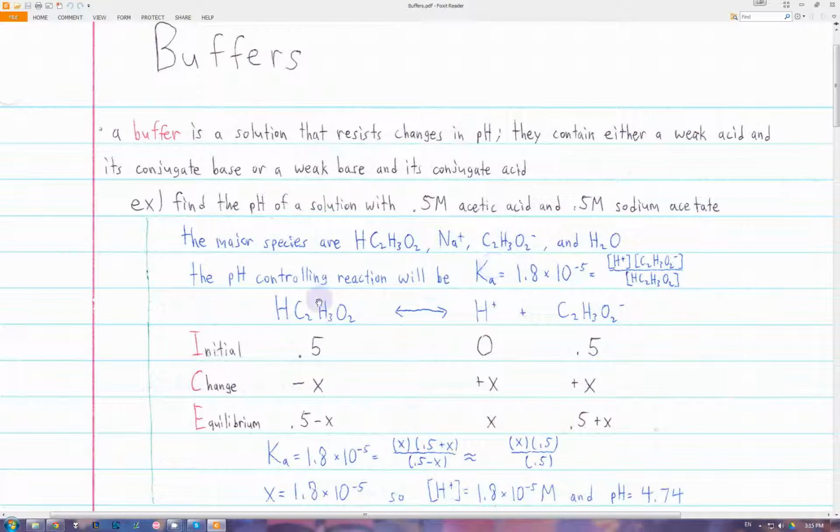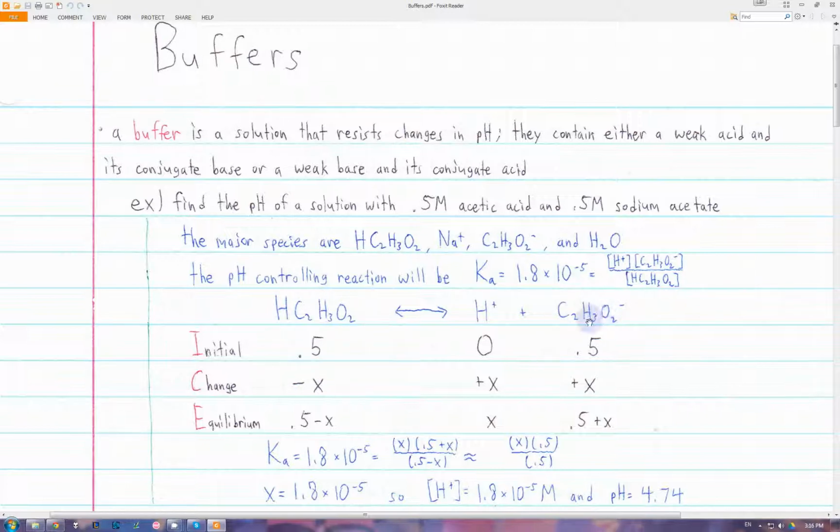So we write the dissociation equation for acetic acid, and then we do an ICE chart. We start with 0.5 molar of both acetic acid and acetate. Before, with acid and base problems, we just had some initial acid, but none of these. So in buffer problems, you have some of the acid and the reactant and product already present initially.